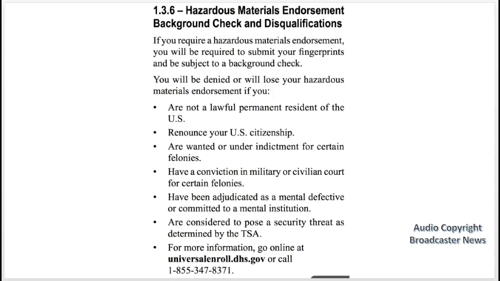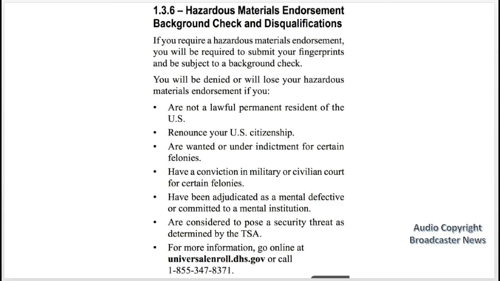1.3.6 Hazardous materials endorsement, background check, and disqualification. If you require a hazardous materials endorsement, you will be required to submit your fingerprints and be subject to a background check.